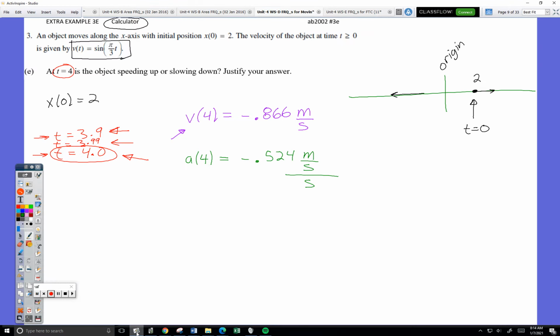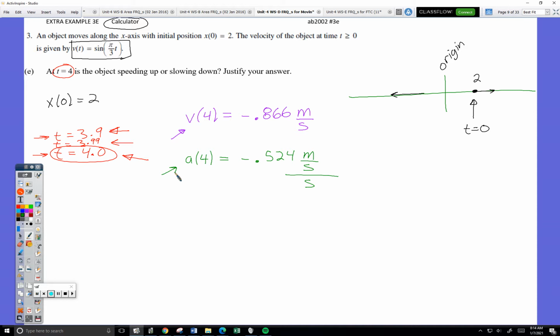Okay, what this is telling us is, you notice, velocity indicates how much the position wants to change. You have a particle, it's located somewhere. That velocity of negative 0.8 is saying, hey, I want to move negative 0.8 meters to the left during the next 1 second of time.